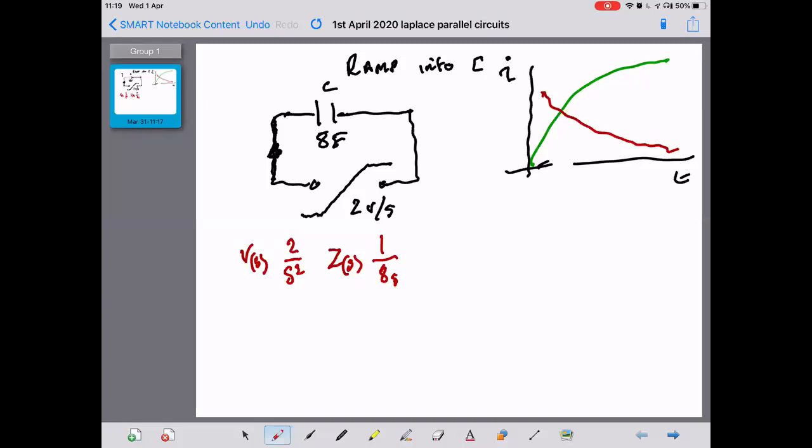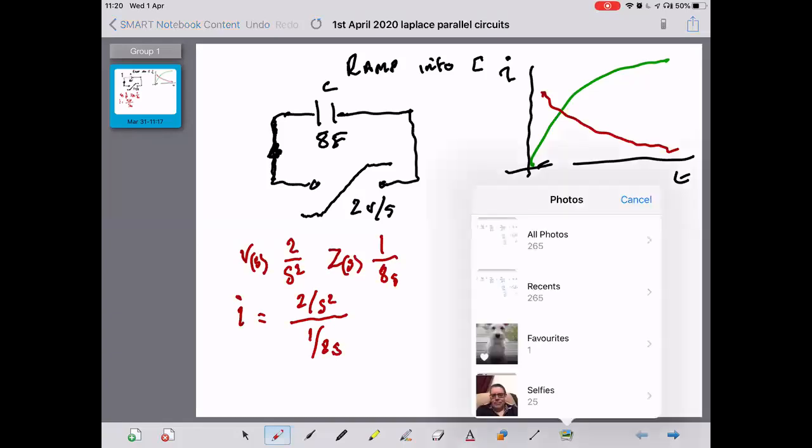Having written those two, we can write an expression for I, which is I is equal to 2 over S squared over 1 over 8S. And then we have to turn the bottom fraction upside down and multiply.